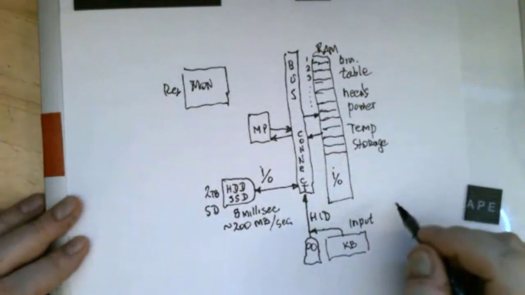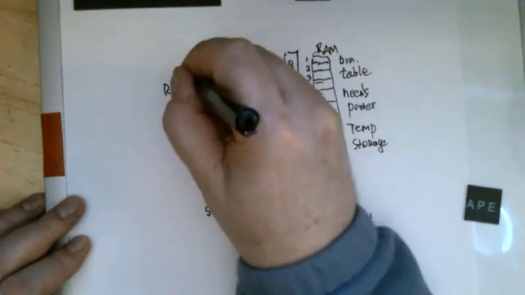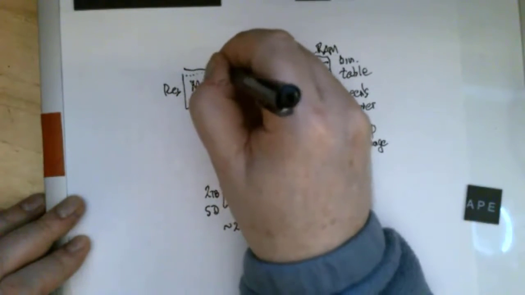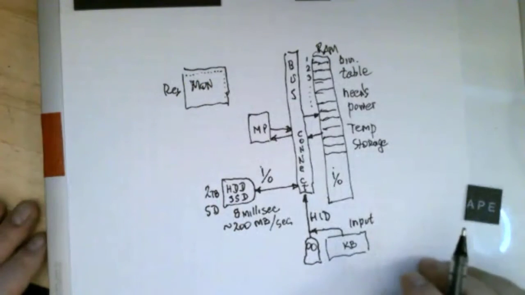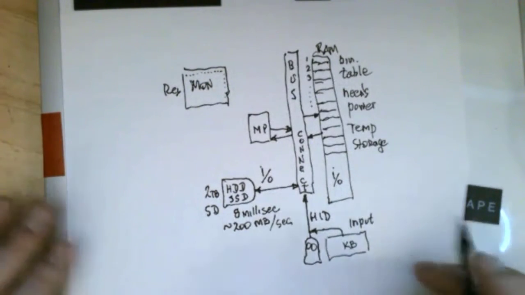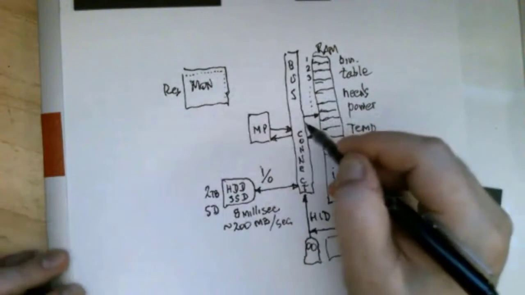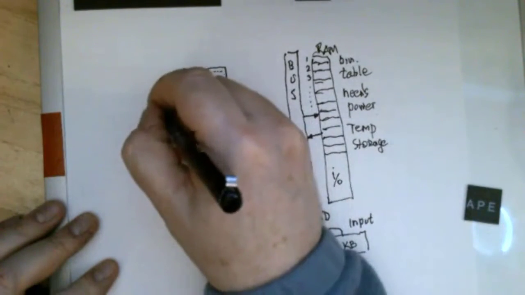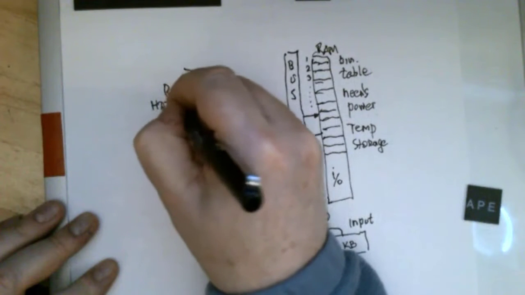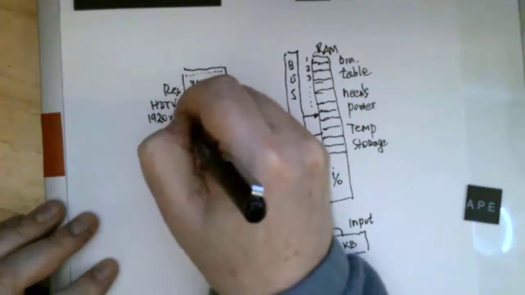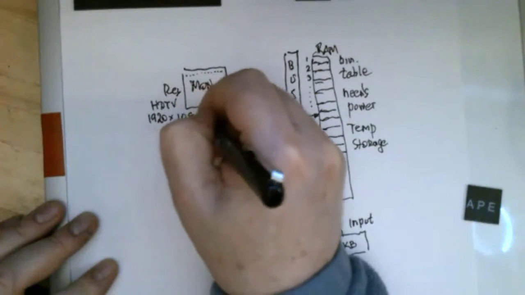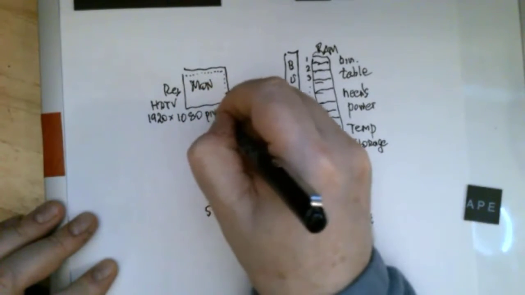Resolution is the number of pixels, because the monitor shows you pixels. They are colorful dots inside. And normal resolution for a contemporary monitor is HD TV, which is 1920 by 1080 pixels.